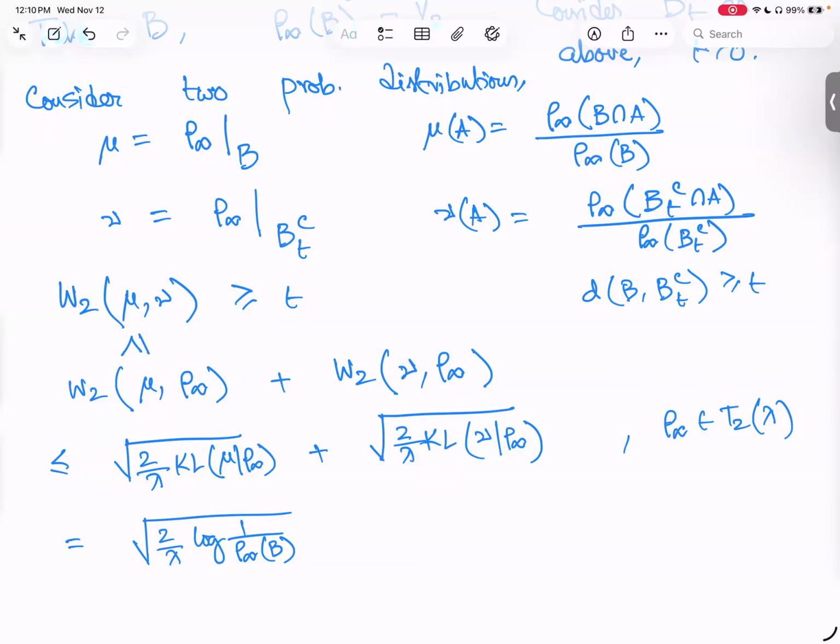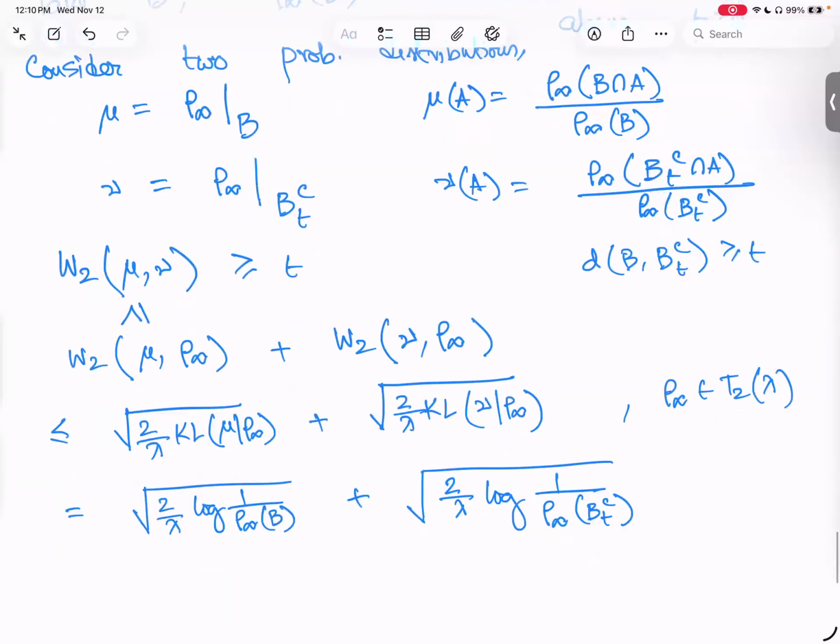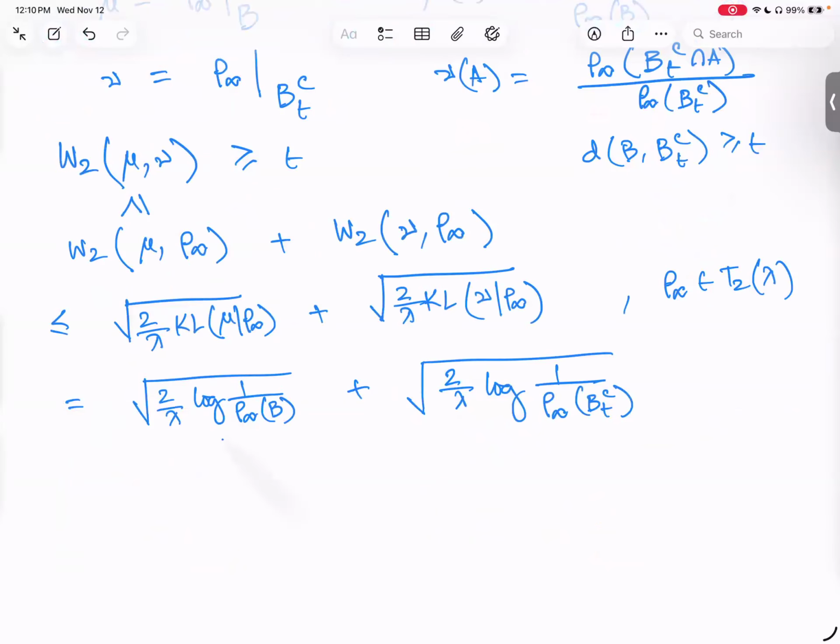And then I get the other one, which is square root of 2 over lambda log of 1 over rho infinity of B_T complement. Now I have already taken this to be 1/2. So this quantity is square root of 2 over lambda log 2.